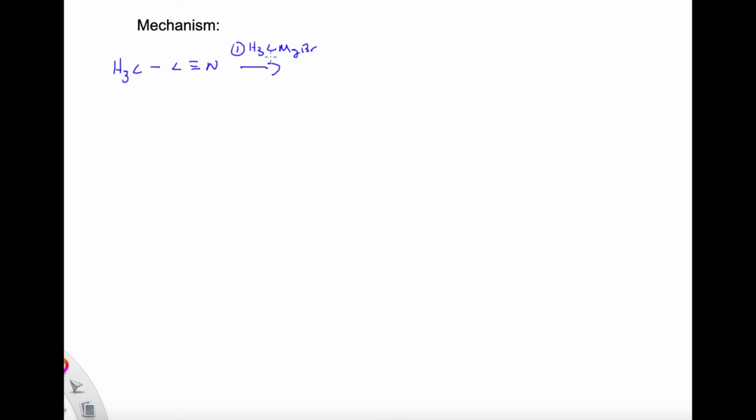I'll just do methyl magnesium bromide as my Grignard reagent. Of course, it's going to attack, just like with the base, the nitrile carbon. And there you can see is going to be your amine anion intermediate.